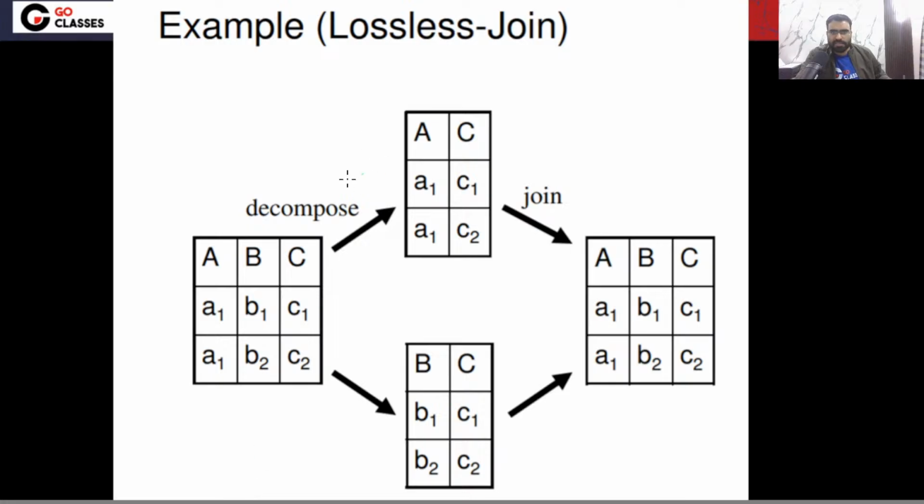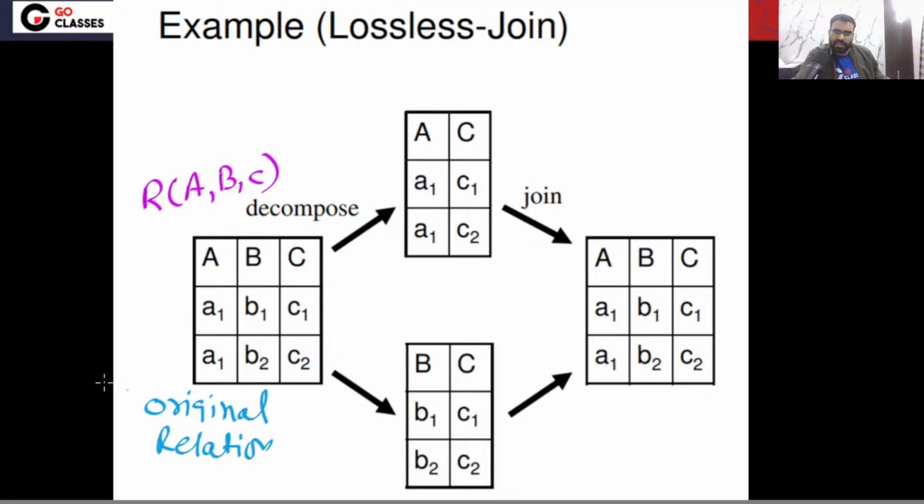Like here in this example, you can easily see. This is the relation R, the original relation, and the schema is ABC. We are decomposing into R1, R2. This is the relation R1, a sub relation. Basically, we are projecting the attributes A, C from the original relation.